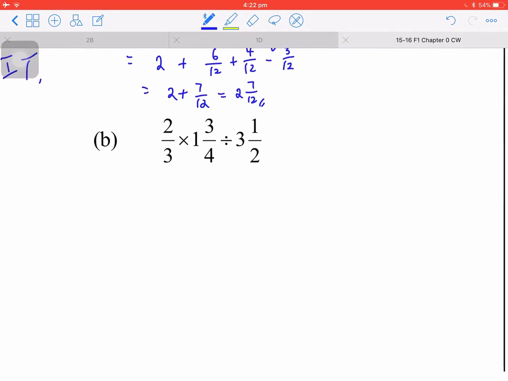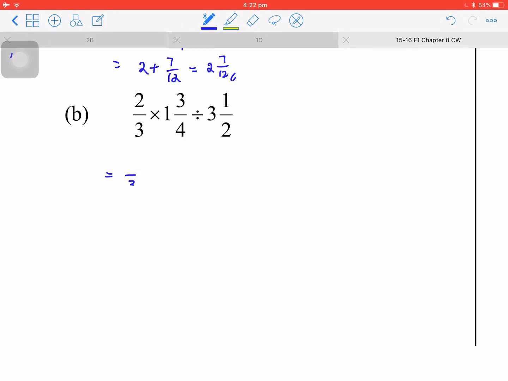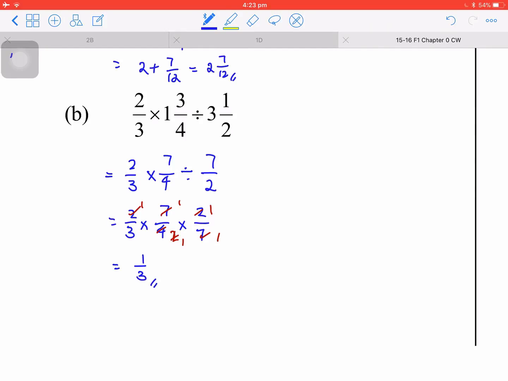Okay, the next question, again, remember, change it to improper fraction, and then you can see it. So you just cancel out what you have. And then for this one, 1, 1, so at the end, you actually have 1/3.